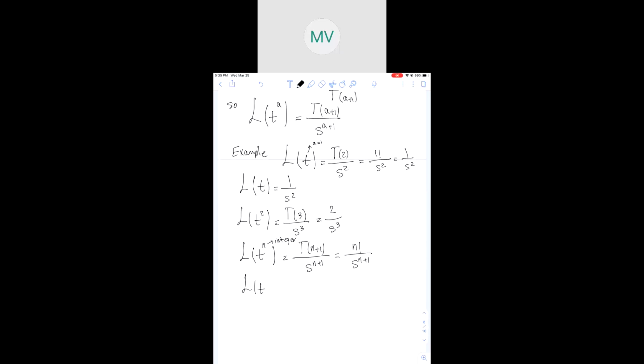One more example, Laplace of t to the 7th is 7 factorial over s to the 8th. 7 factorial is a big number, don't worry about it. You can keep it like that.